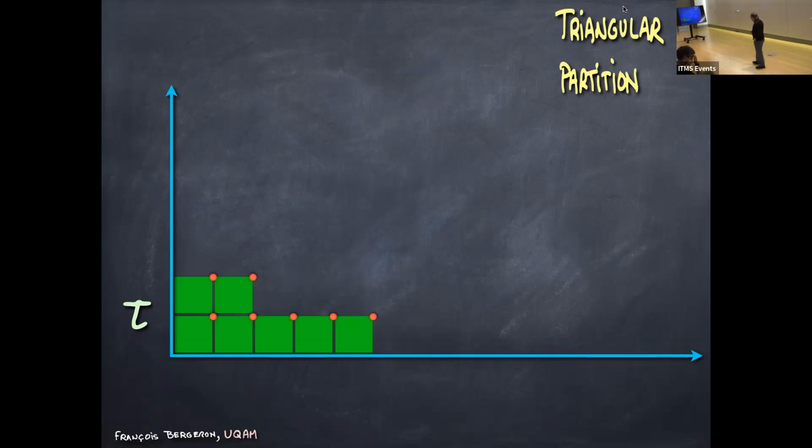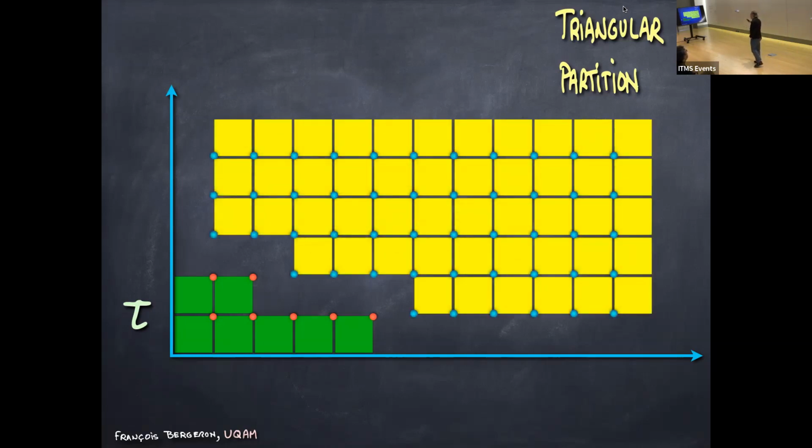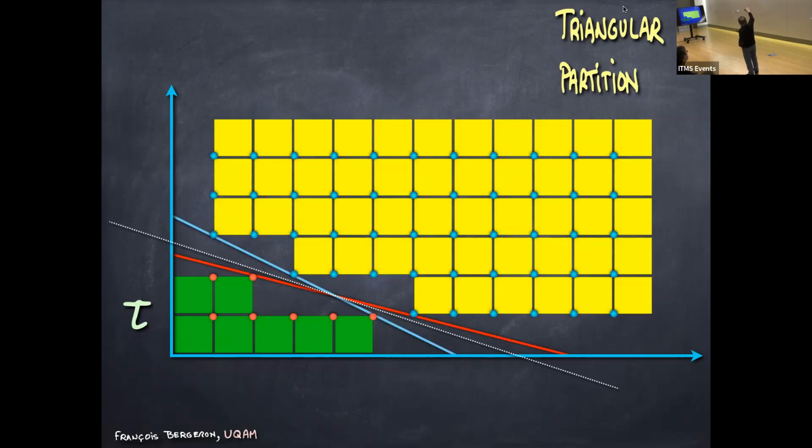So first thing is I give you a partition like this, and you have to tell me if it's triangular. Just looking at the definition we had before, the partition in green is triangular, because there are lines that cut it off, and there's a bunch of them. I've drawn two extreme cases in blue and red, and anything in between will cut off the same partition.